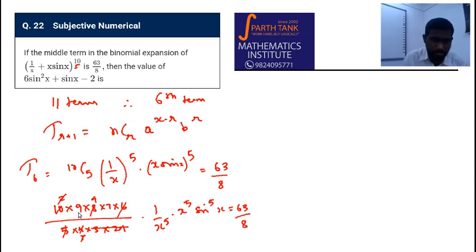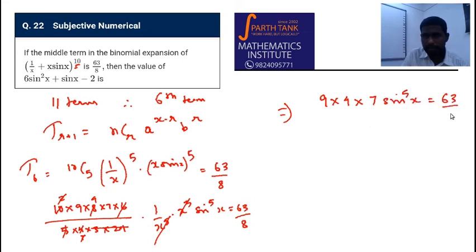Now of course x power 5 and x power 5 are gone, and I have 9 times 4 times 7 into sin power 5 x is 63 by 8. Now 9 and 7 and 63 are gone, so sin power 5 x is 1 by 32, sin x is 1 by 2.